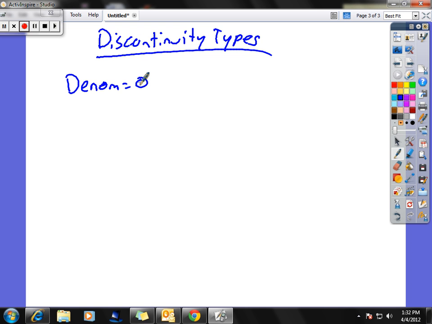If the denominator equals 0, but you can factor and cancel that, which you've done a bunch of already, that makes a hole.